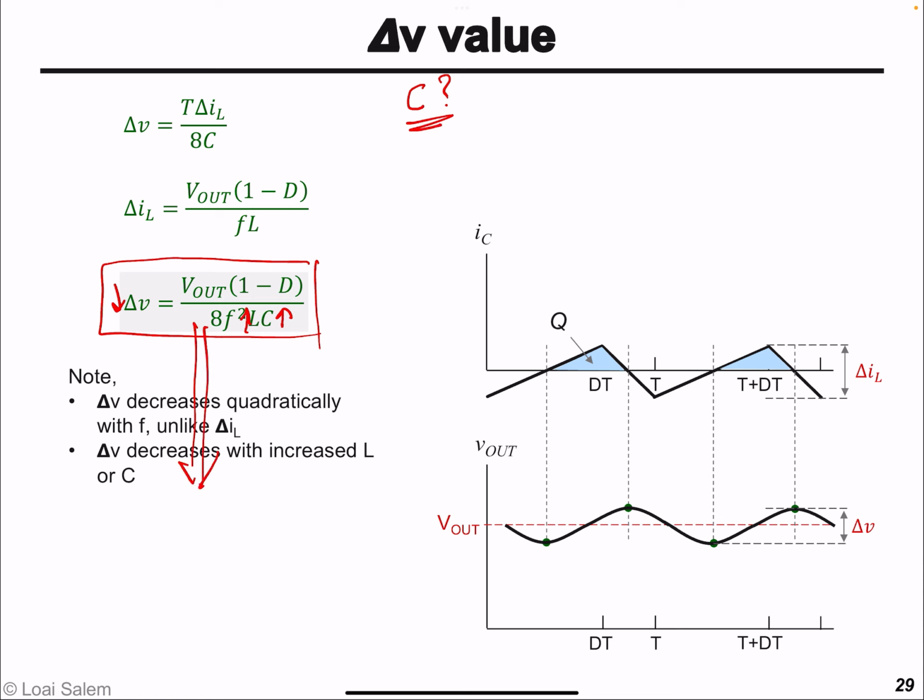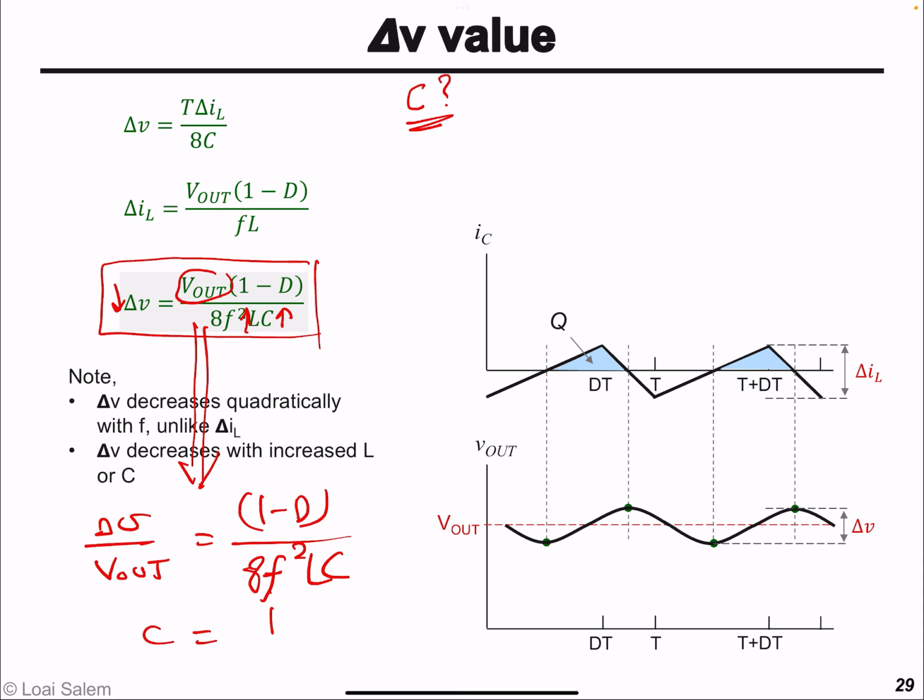We'll find that we have the normalized ripple, I just brought V out to the denominator of the left side, is equal to 1 minus D divided by 8F squared LC. Now you can bring C to the other side, so C is equal to 1 minus D over 8F squared L times delta V over V out.